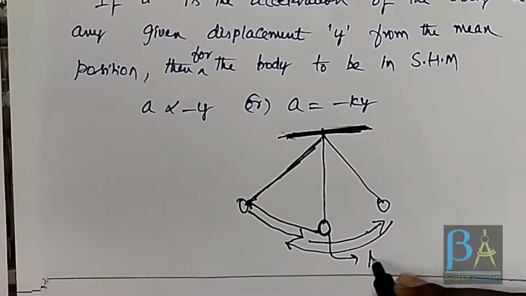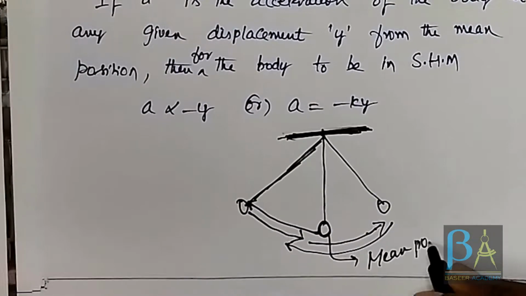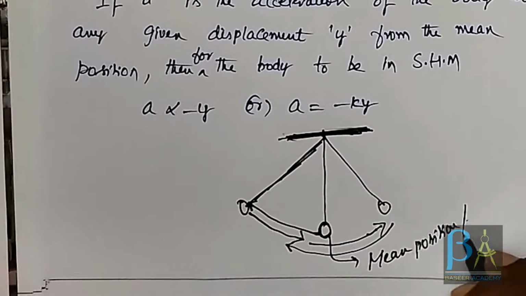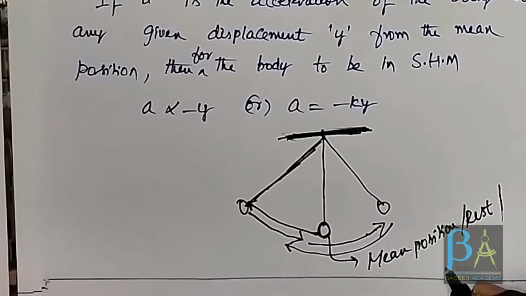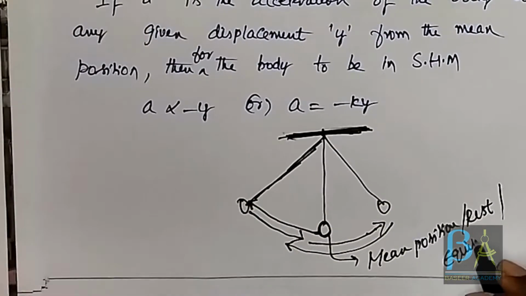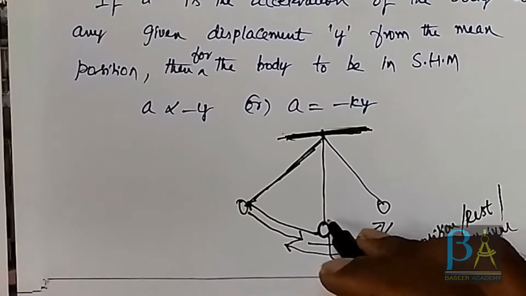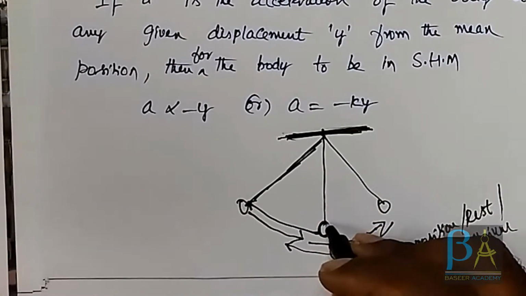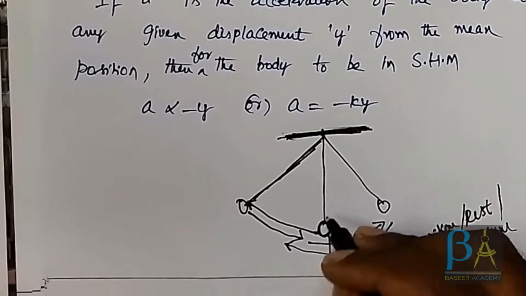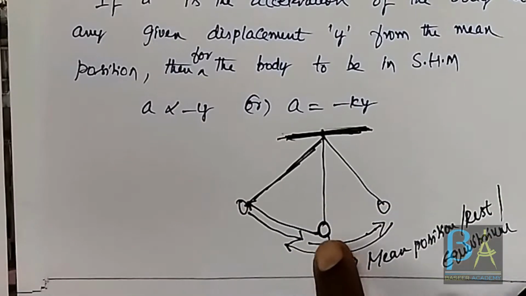You call it the mean position, or the rest position, or the equilibrium position, because when the pendulum is at rest, when it is not moving, it obviously comes to this position.